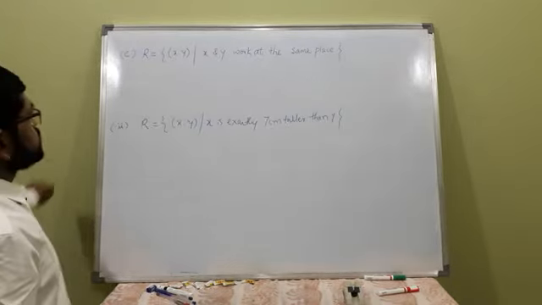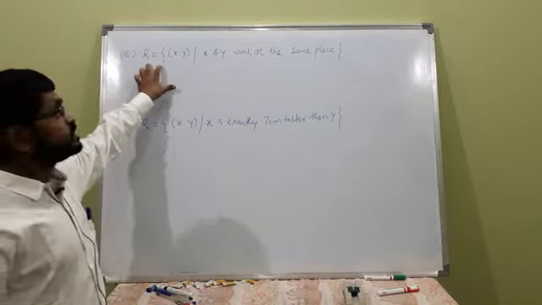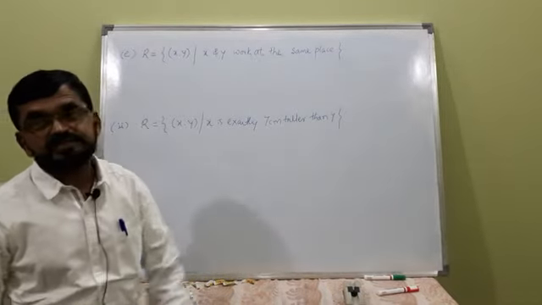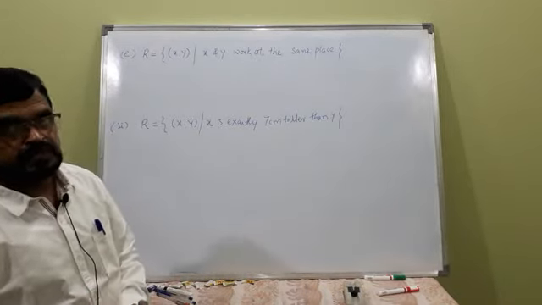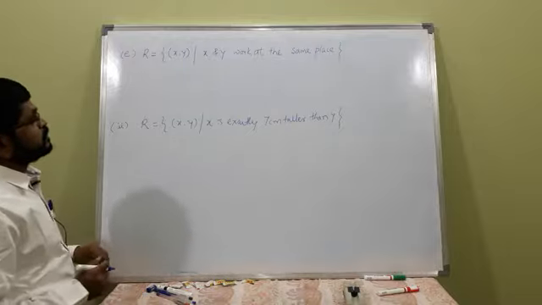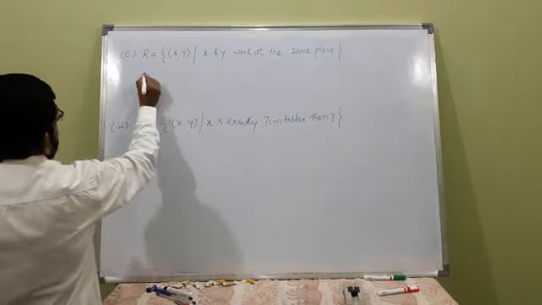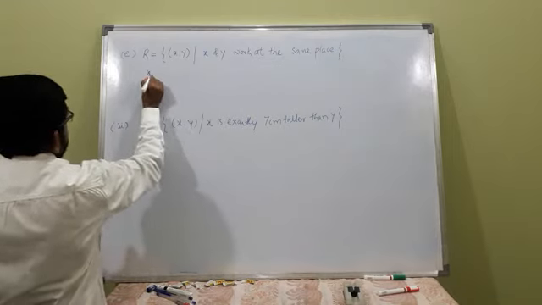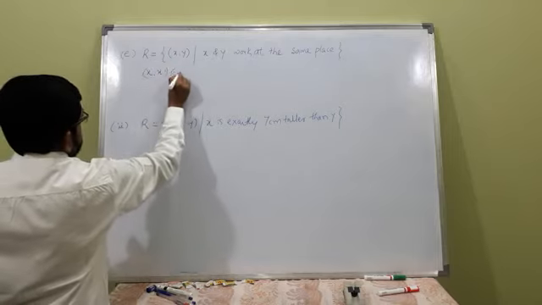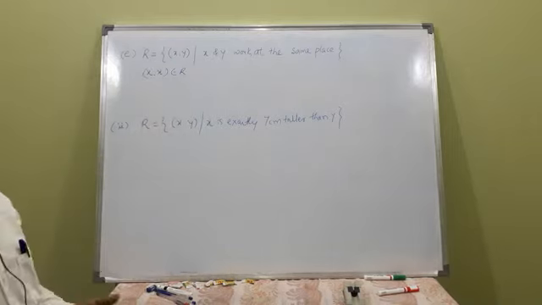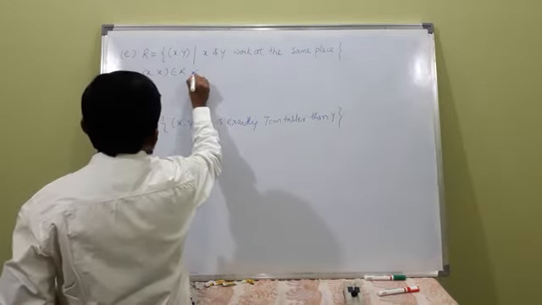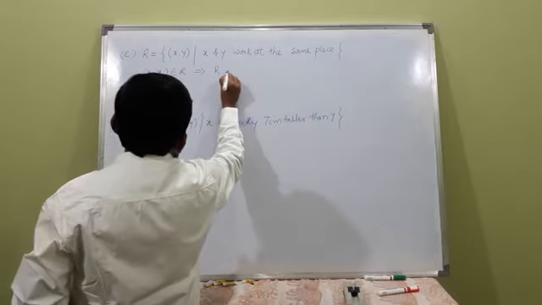So, another example is relation R, the set of all (x, y) such that x and y work at the same place. You have to check this for reflexive, symmetric and transitive properties. (x, x) belongs to R. The same person can work at the same place. So, R is reflexive.